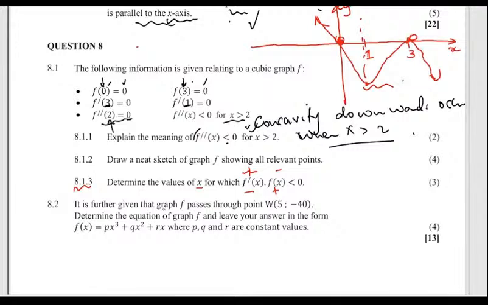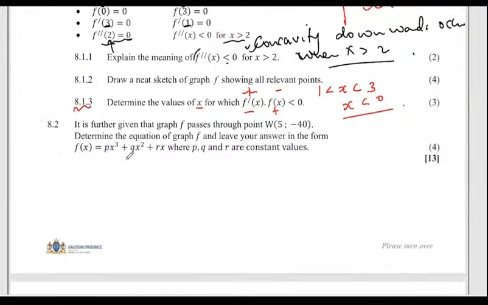It's increasing from here up to here. So 1 up to 3. So I can say 1 is less than x is less than 3. And then where do we find the graph to be decreasing, but above? It's decreasing from this point if it's above, meaning that x needs to be less than 0. Okay, so that is what I would have obtained in that format.